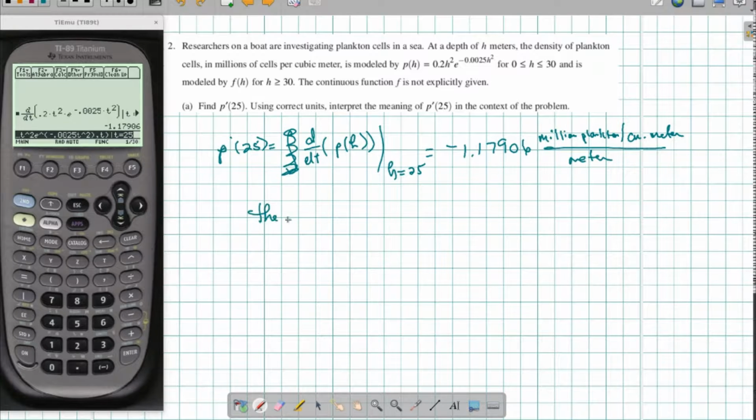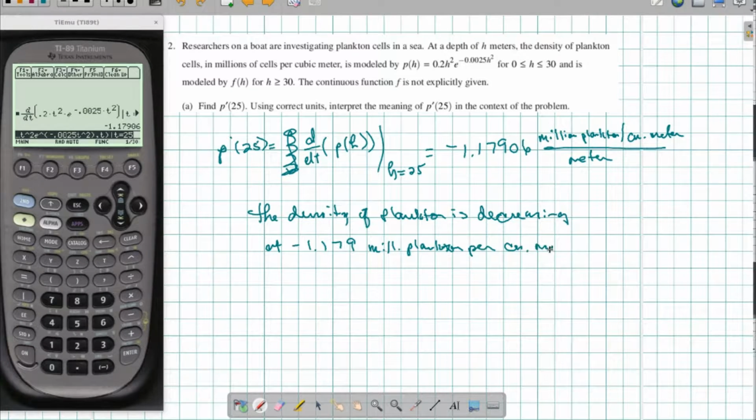In other words, the density of plankton is decreasing at 1.179 million plankton per cubic meter each meter at h equals 25 meters. So that's my justification, that's my explanation, and that's part A.